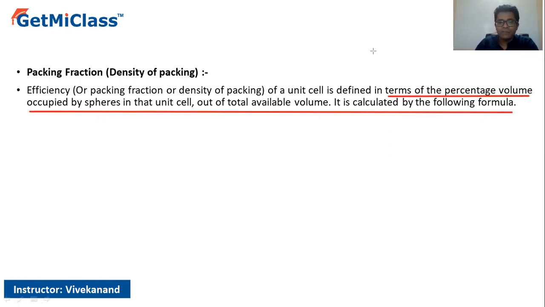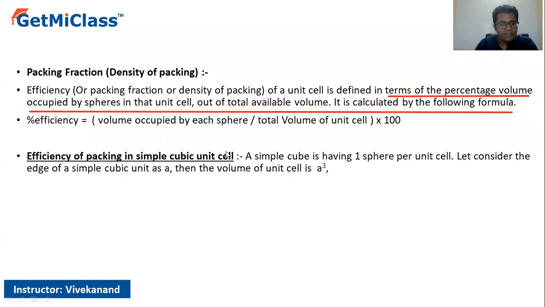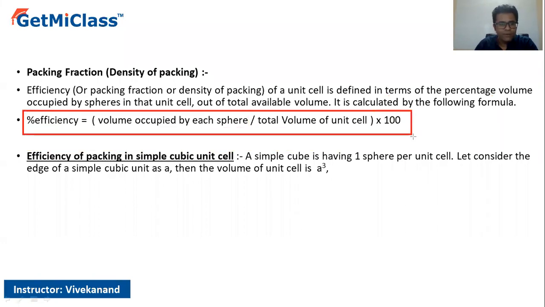So the formula is: percentage efficiency is equal to the volume occupied by each of the spheres divided by the total volume of the unit cell, multiplied by 100. This is the main formula where we need to concentrate.